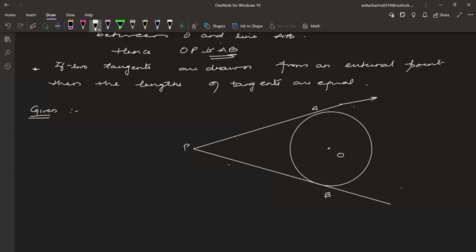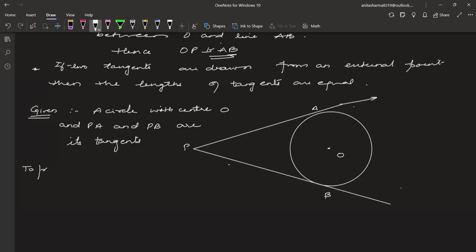So you will write a circle with center O, and PA and PB are its tangents. Okay. So now to prove, what you have to prove? PA is equal to PB. Clear?